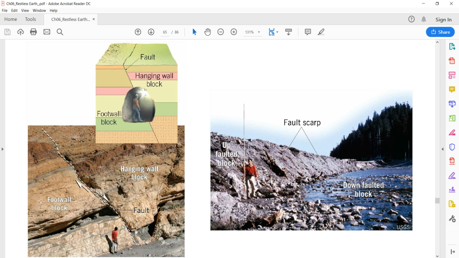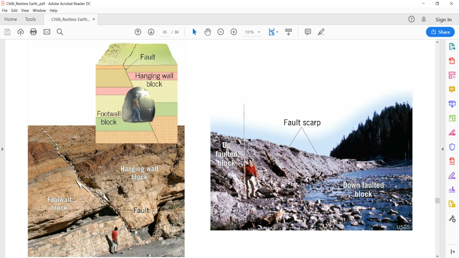So these are the two walls which have broken, and this is the line along which the deformation has occurred.